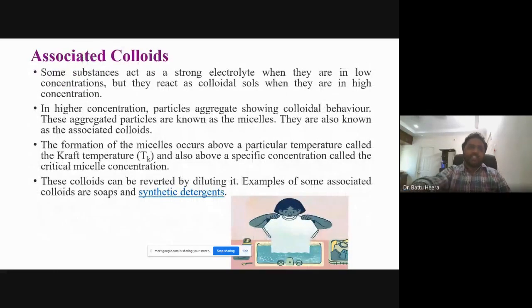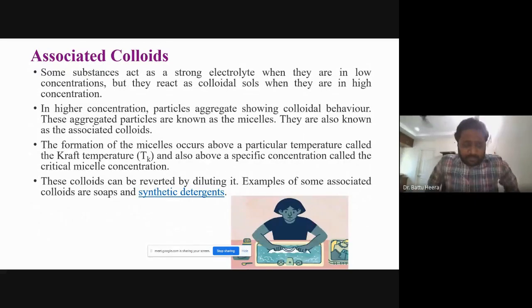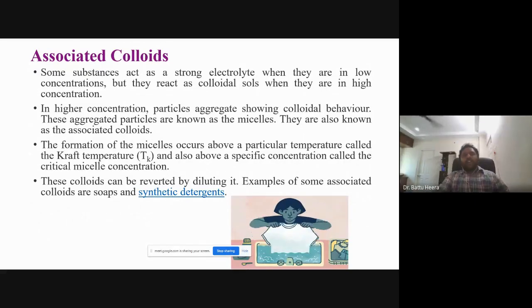Now, coming to the associated colloids, these are substances that are electrolytes. NaCl, sodium chloride, is an electrolyte. Some substances act as strong electrolytes when they are in low concentration.